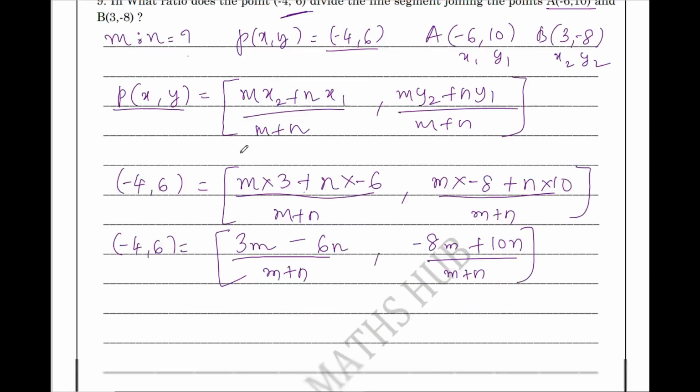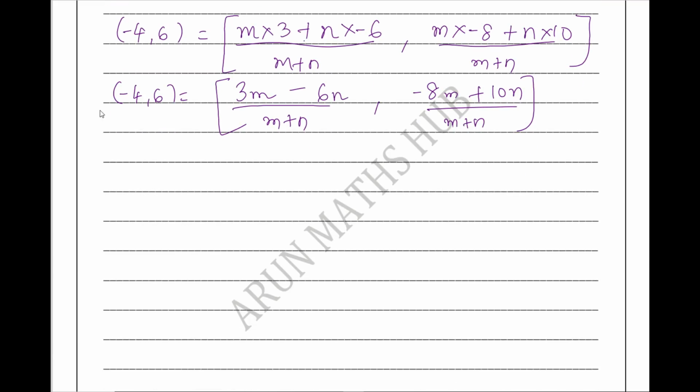Now students, you should equate the x coordinate with the x coordinate, or you can equate the y coordinate with the y. If you use any one condition, if you equate either the x coordinate or the y coordinate, you will get the answer. Now I'll try out equating the x coordinate.